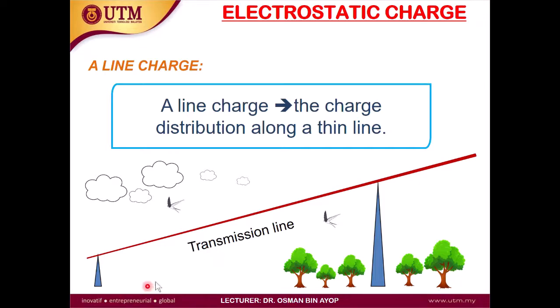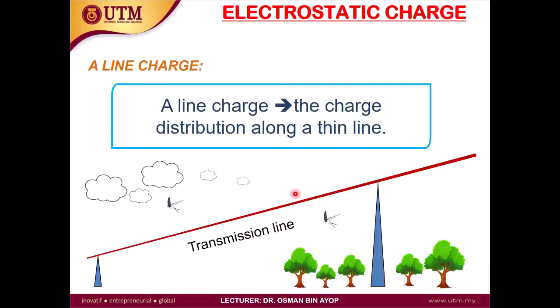The same applies to, let's say, a transmission line. When we want to find the electric field intensity located near the transmission line, the distance between the point of interest and the transmission line compared to the radius of the transmission line is significant.